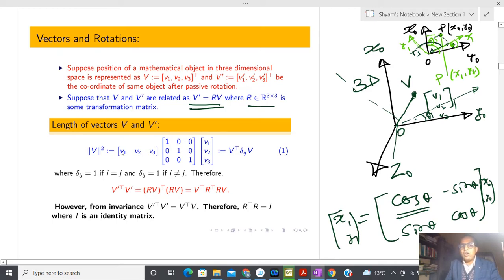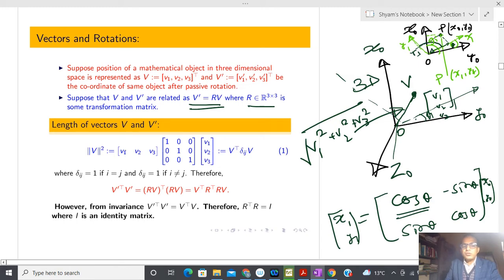You are already well aware that whenever we calculate this distance, it is the square root of v1 squared plus v2 squared plus v3 squared. If the other point is something else, then it is v1 minus that point, v2 minus that point, and v3 minus that point. We have already learned that kind of thing during our school time.